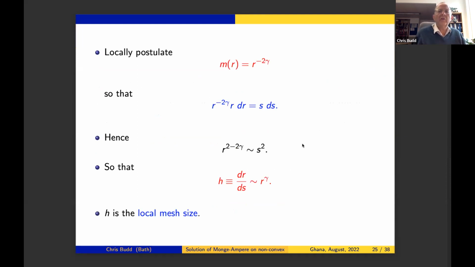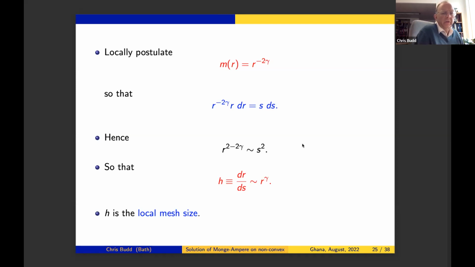Noting that the solution of the underlying PDE looks like r to the alpha, we postulated that a monitor function which might work would be r to the minus 2 gamma. We don't know what gamma is yet. If you substitute that into the Monge-Ampere equation, you get the equation in blue. If you integrate up, you get the equation in black.